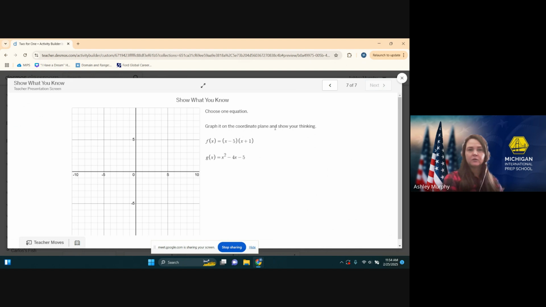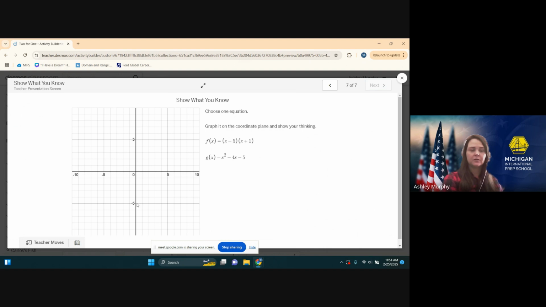Graph it on the coordinate plane and show your thinking. So I would put a dot at 5. I would put another dot at -1. We're just visualizing here. So 5 and -1. And then if I put zeros in here, I would just get -5. So that tells me -5 would be the y-intercept.